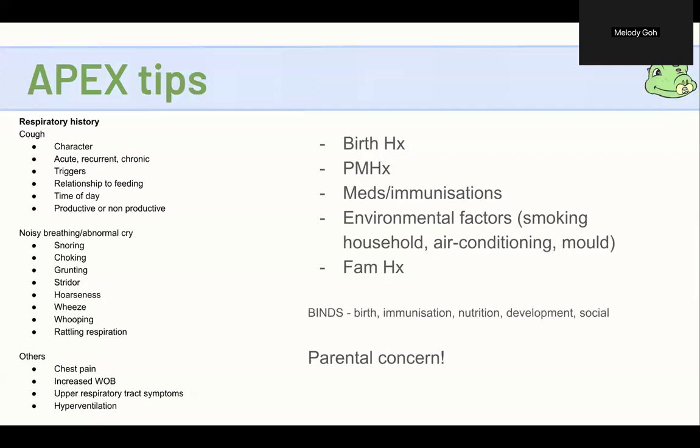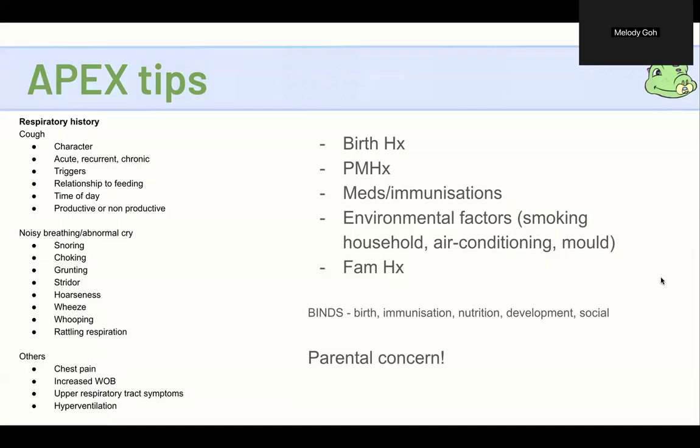And then asking some of these other questions as well about the nature of the breathing and other signs and symptoms. So chest pain, increased work of breathing, upper respiratory tract symptoms, and that can help with delineating between an upper or lower respiratory tract condition and hyperventilation.